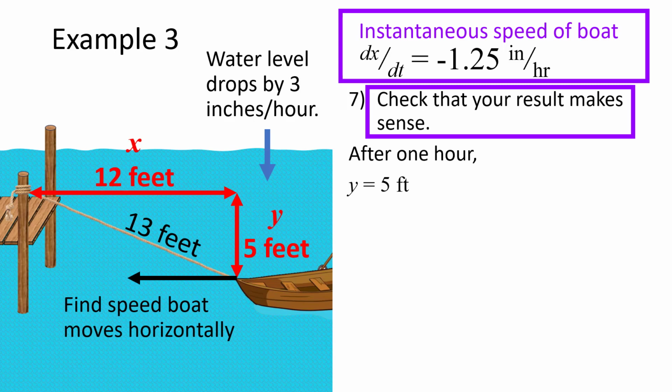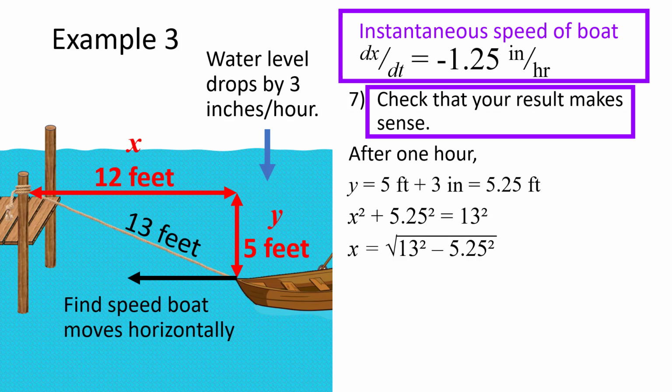At the end of an hour, y has increased by 3 inches, which is 1/4 of a foot, so the new value of y is 5.25 feet. Using the Pythagorean theorem, we find that x is 11.893 feet, which means x has changed by 0.107 feet.